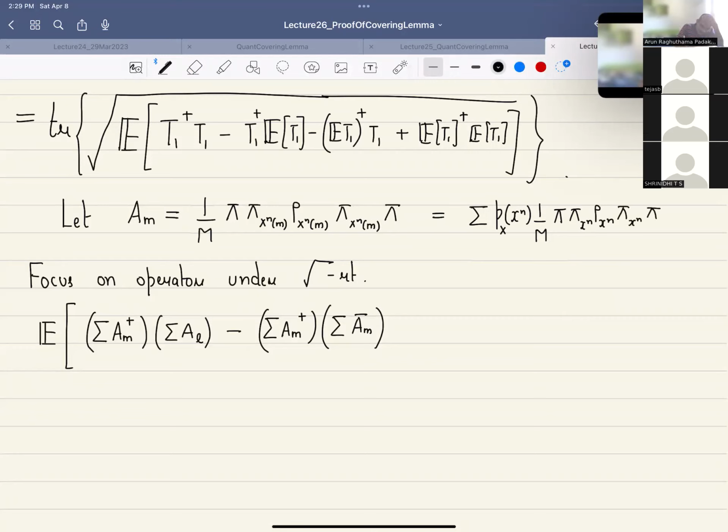So I want to give this a simple name. Let me define this as A_M bar. Observe that it doesn't depend on M at all. But I'll just write it as A_M bar.